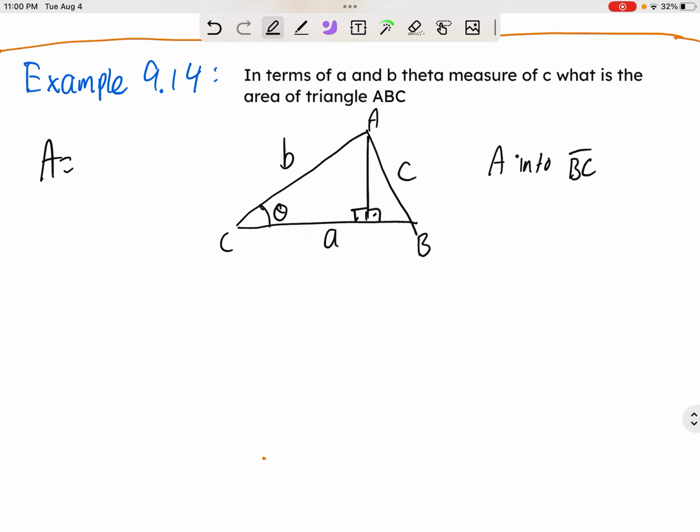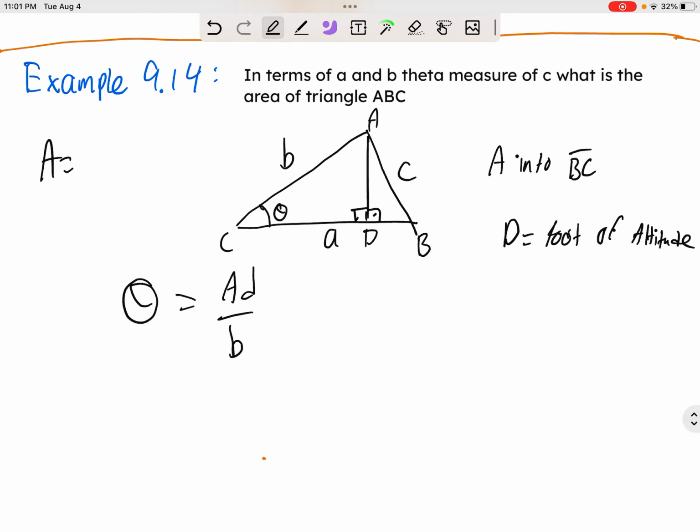So let D be the foot of this altitude. By the definition of sine, sine theta equals AD over B. So then AD will be equal to B sine theta.